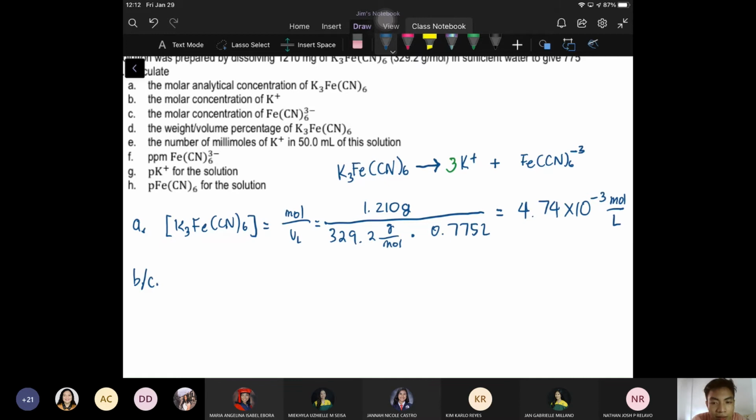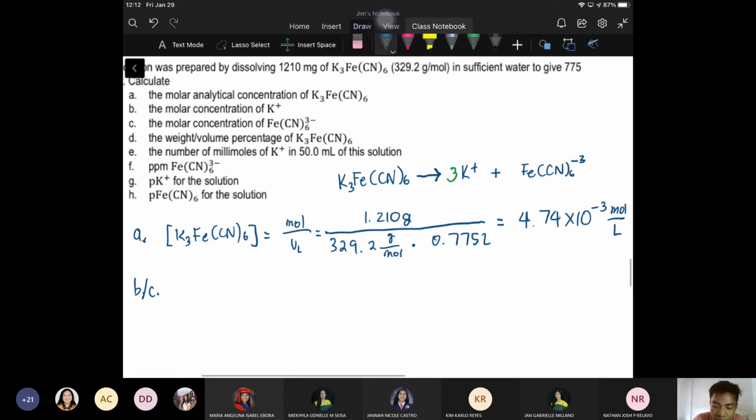Ganito. If you are able to solve for the molar concentration of one substance, you can actually use stoichiometry to solve for the molarity of the other substances. So kapag na-solve mo na yung isang molarity, pwede mo gamitin yon to solve for the other molarities sa isang chemical equation.